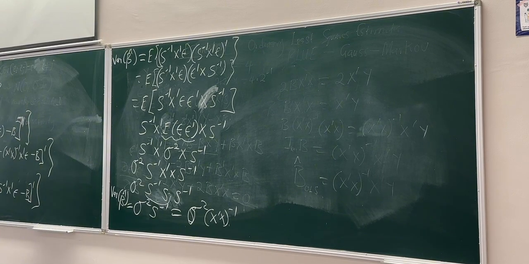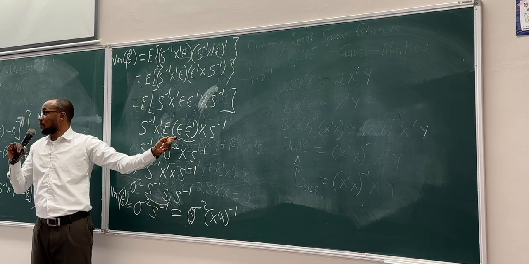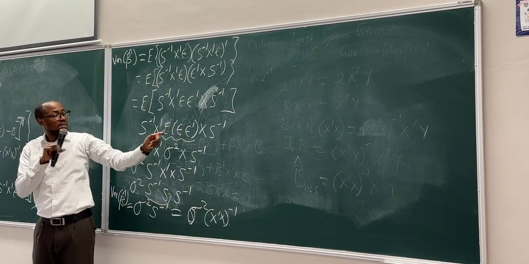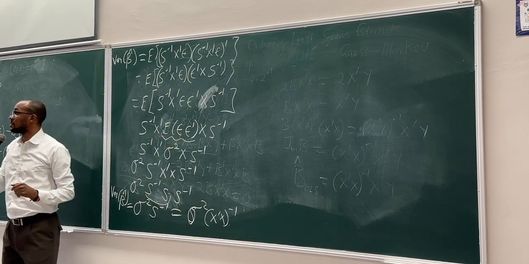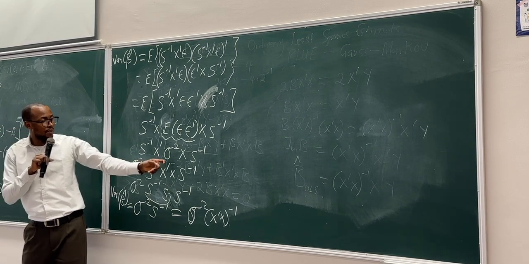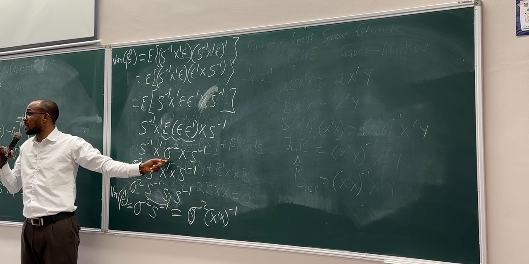Can I take her question and I'll come back to yours? Don't forget to ask again. Now, you see what we have: the expectation of E prime E. If you go back to the assumption, this has a value already: sigma squared. That's why we impose the sigma squared here. It's just a constant, right?